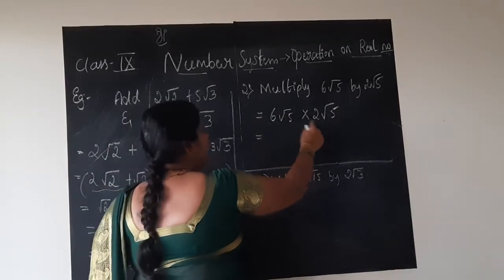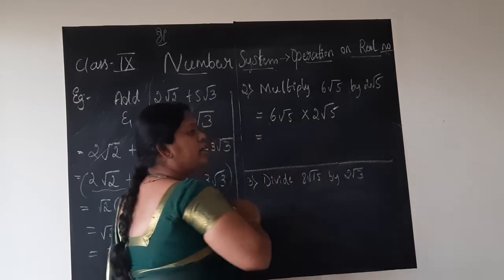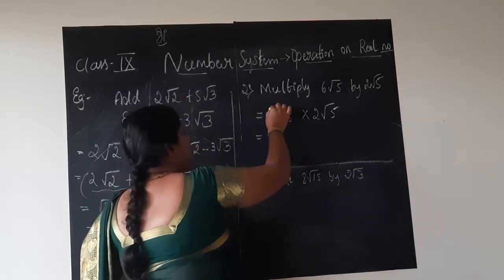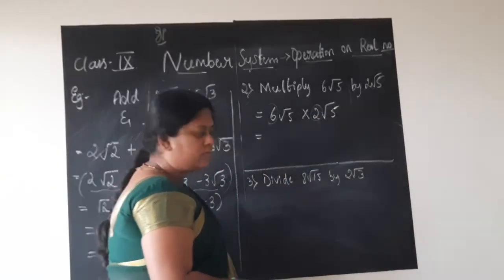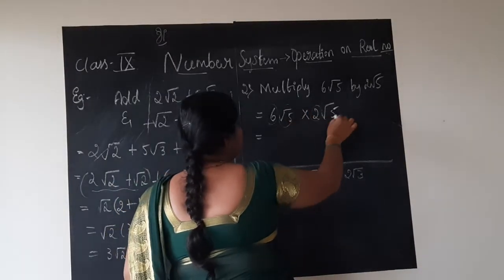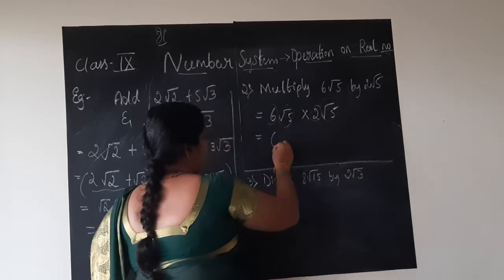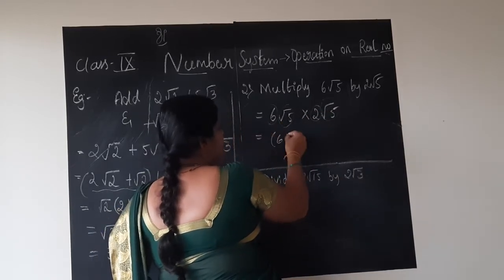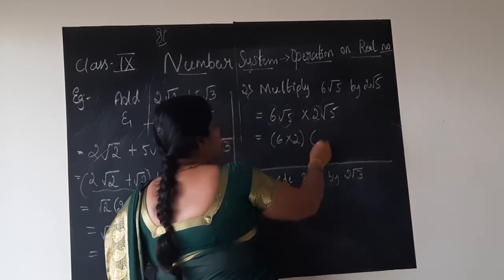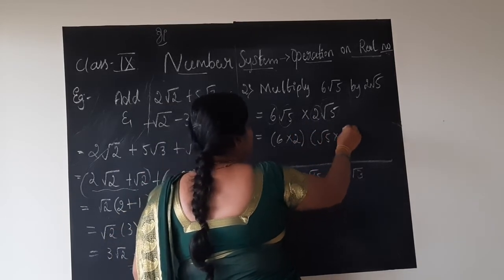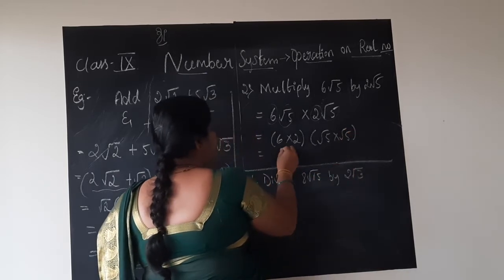Here I need to multiply each term. What I do is, these two numbers along with the root, I will multiply together once. Next, the square root terms I will multiply together once. So with square root 5, 6 is there, multiplication sign in between, with square root 5, 2 is there. 6 into 2, remaining is square root 5 into square root 5.